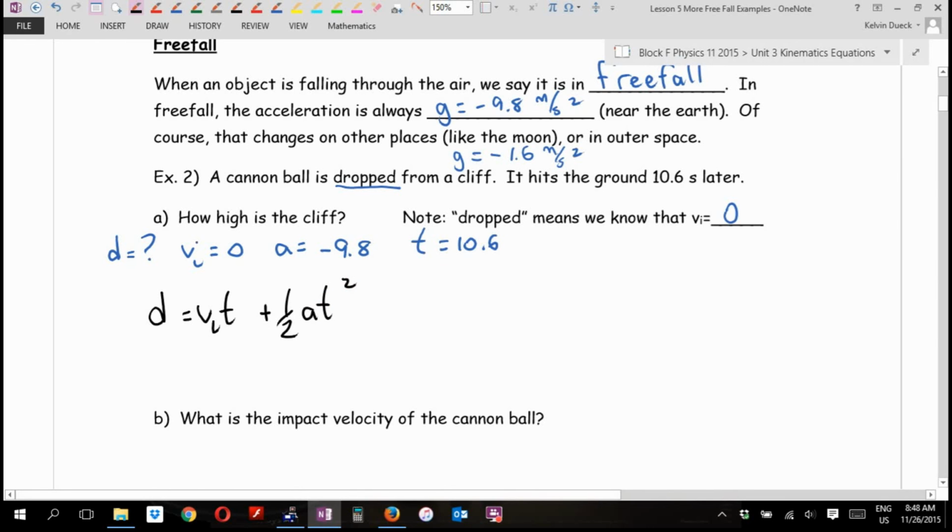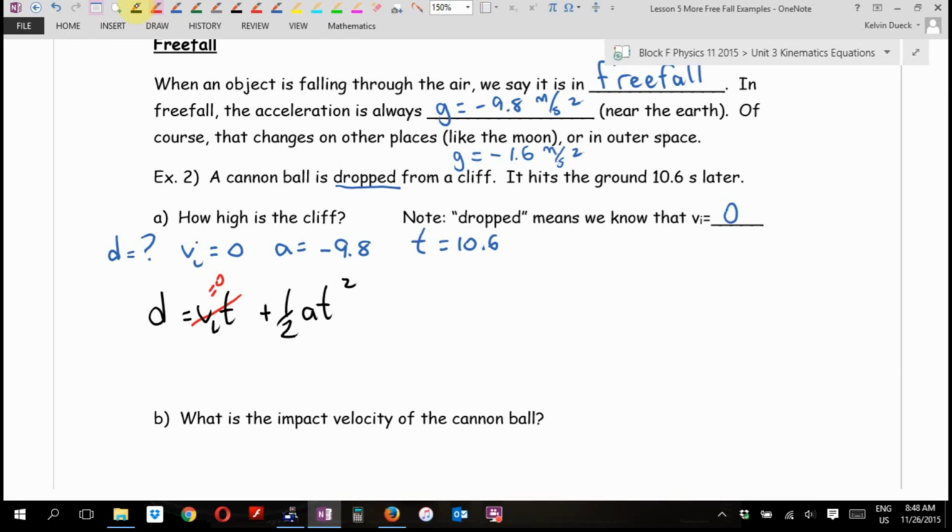When you're dropping something, this is going to be a special subcase of our 4 equations. And now you're also learning why I said don't memorize, because there's subcases and sub-subcases and special cases. Don't memorize them all. But when you're dropping something, VI is going to be 0. What that means, Courtney, is I can cross out that whole term, because 0 times T, 0 times anything is 0. So I actually just get D equals a half AT squared.